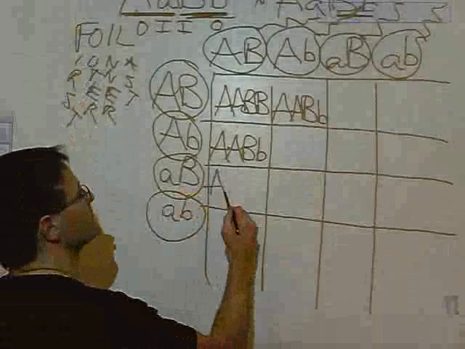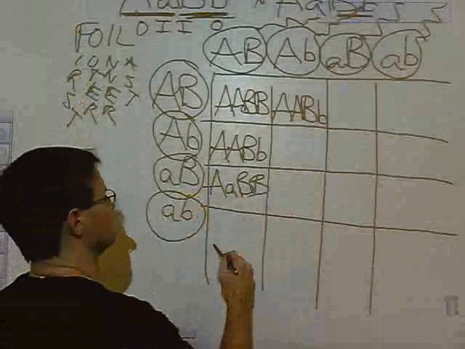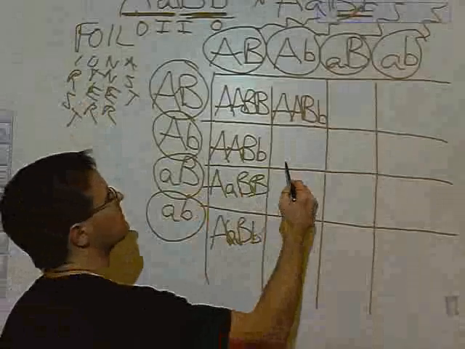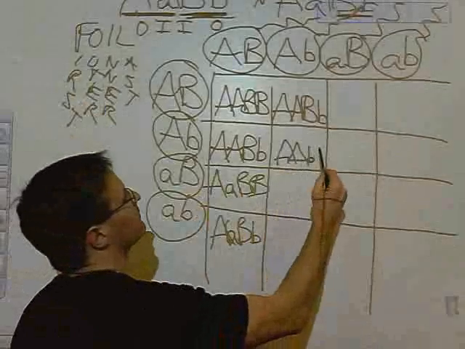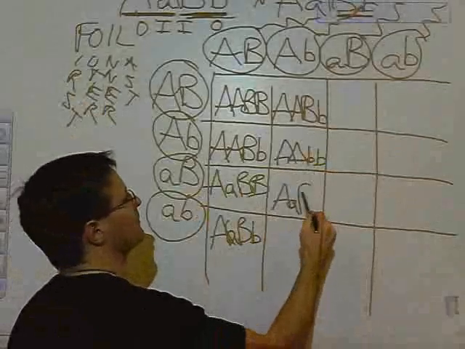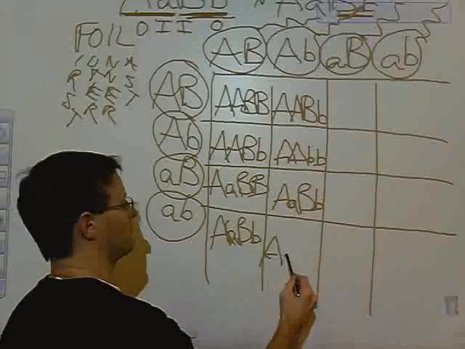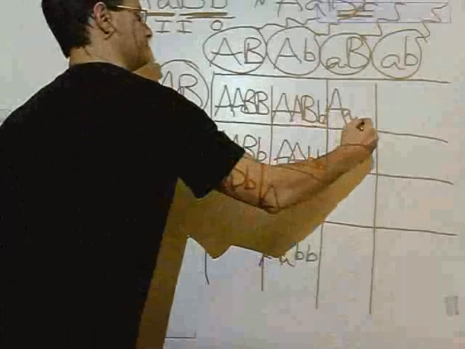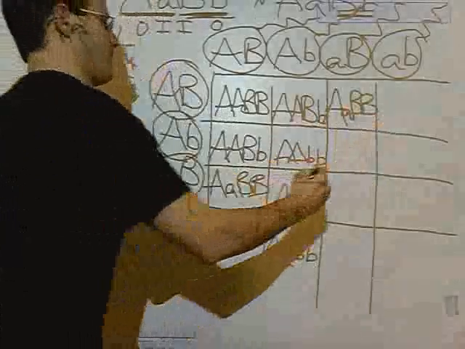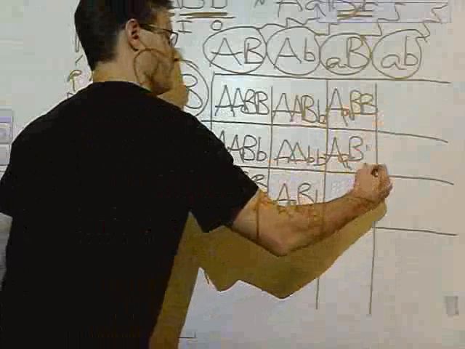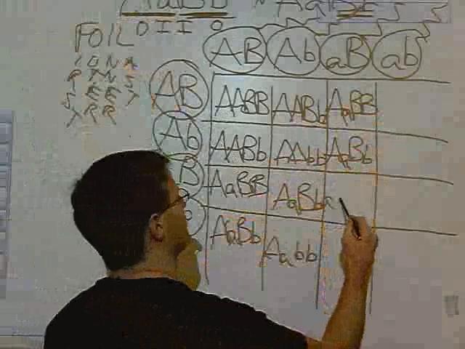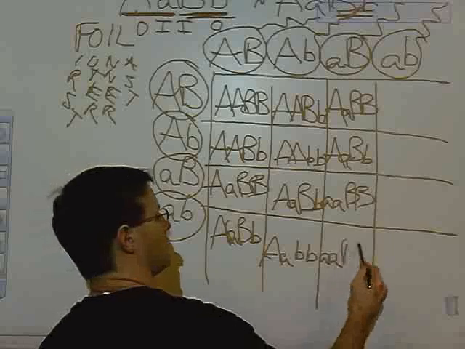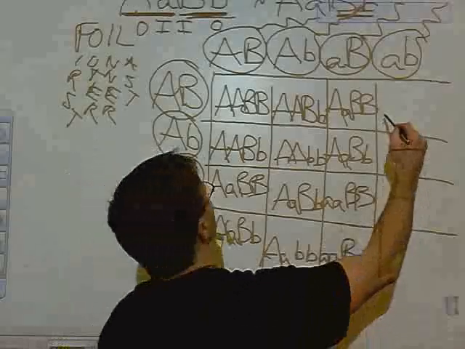So I'm just going to fill these in here for you. You should be able to do this on your own. Notice I'm doing AB order for every single one.